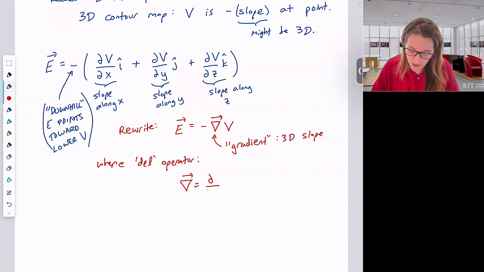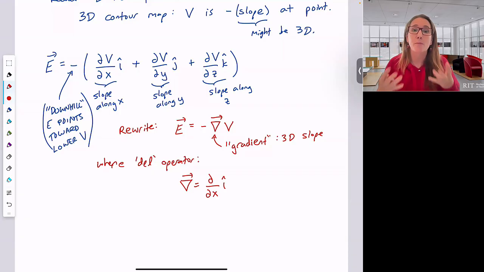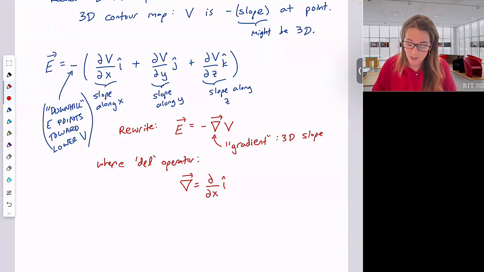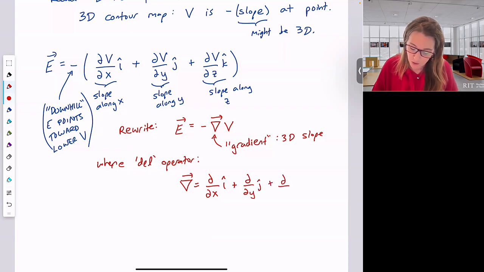This del operator is really just taking the partial x in one direction. It's an operator because you can apply it to anything. You take the partial derivative with respect to x times i hat, partial derivative with respect to y times j hat, plus partial derivative with respect to z times k hat.